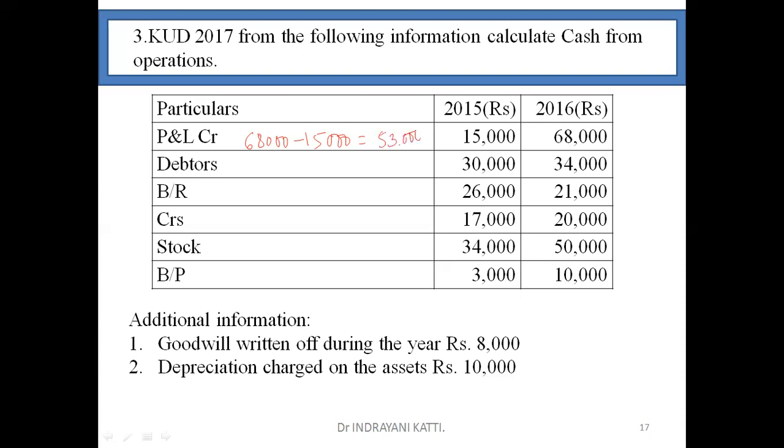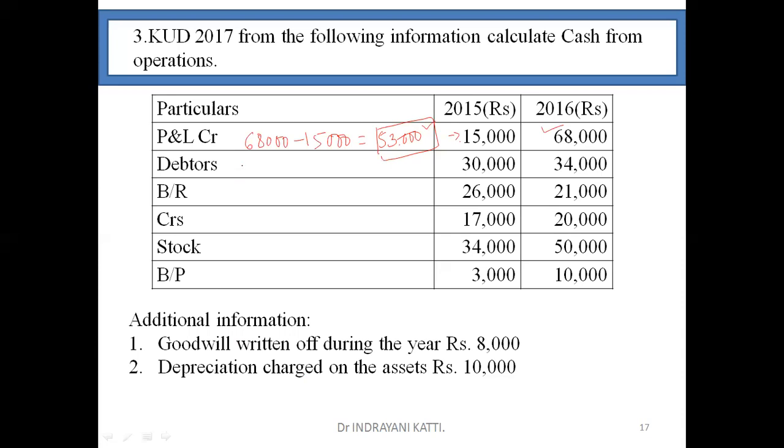So this is the net profit for the year. How much is earned for the year is 53,000. Instead of taking the closing and deducting this 15,000 at the end, we can start with this 53,000 only.